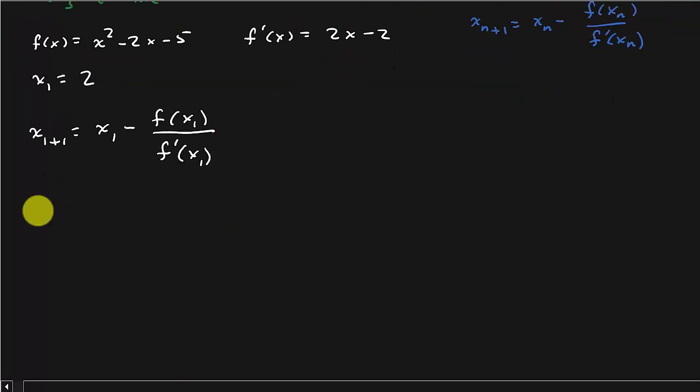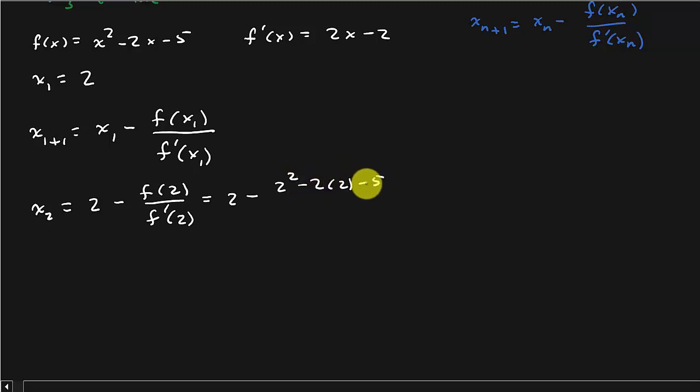We've got x of 2 is equal to 2 minus f of 2 over f prime of 2, which is equal to 2 minus 2 squared minus 2 times 2 minus 5 over 2 times 2 minus 2.